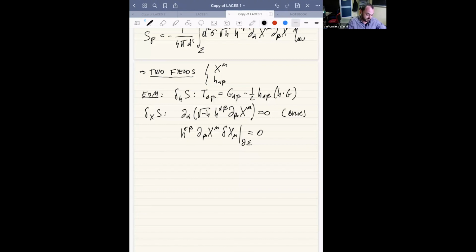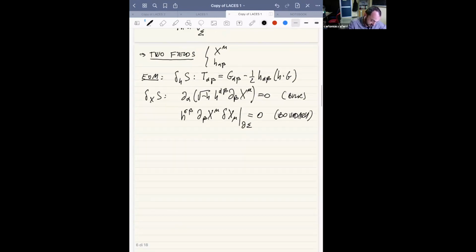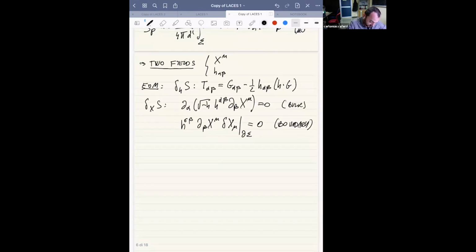This should be 0. Okay, so if I want my Polyakov action to be extremized, I need to impose these three conditions.